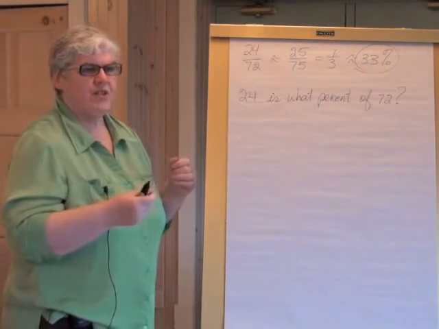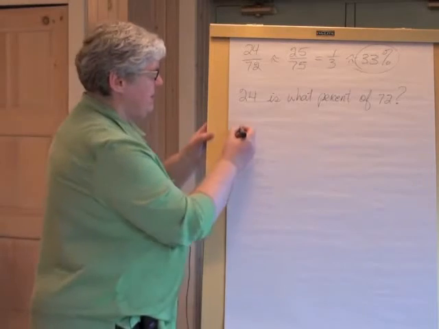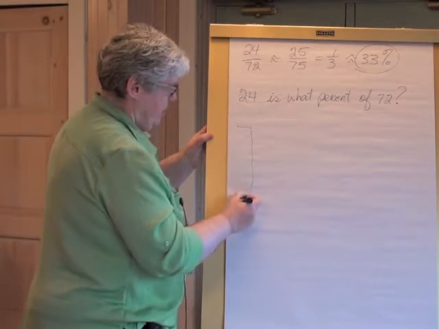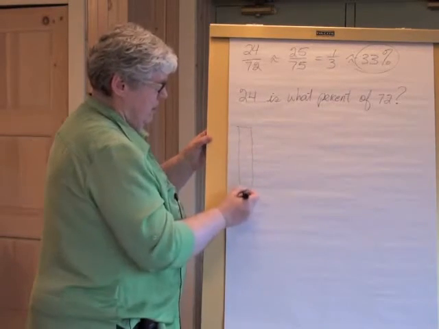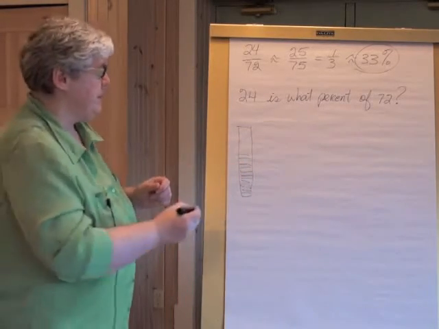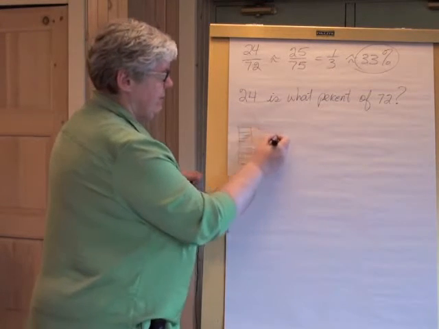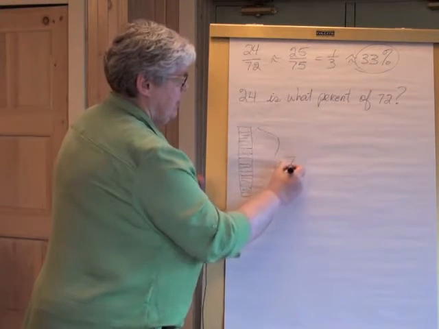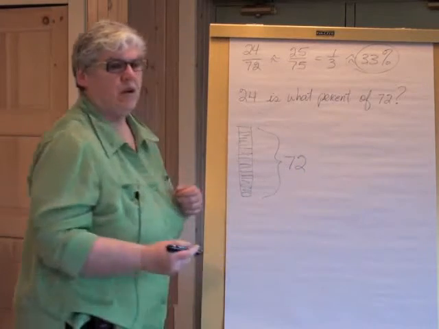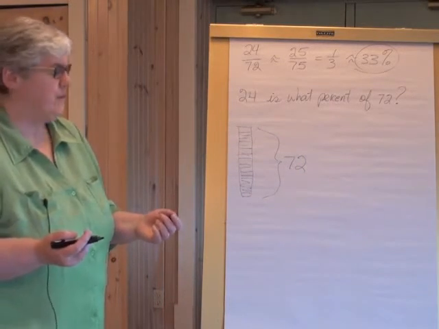So I think we've got 72 things here. Now it could be a pile of loonies, could be a pile of books, could be a stack of pizza boxes for a big party. Doesn't matter what it is, but we've got 72 of them. So the whole number, the whole thing is the number 72.